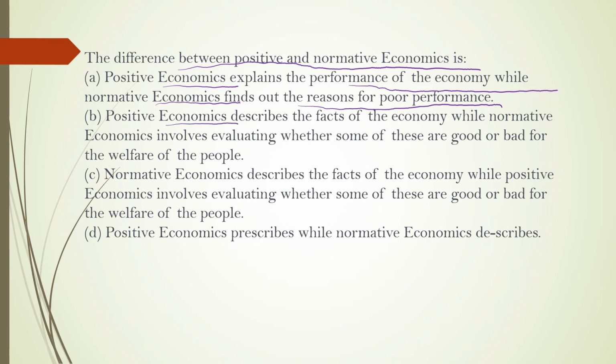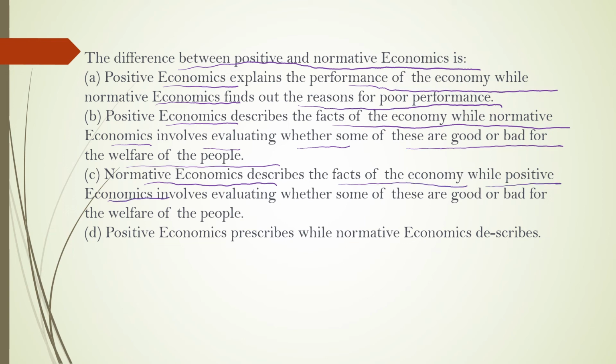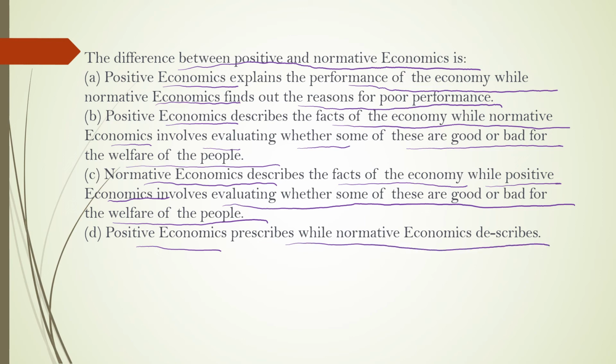Positive economics describes the facts of the economy, while normative economics involves evaluating whether some of these are good or bad for the welfare of the people. Normative economics describes the facts of the economy, while positive economics involves evaluating whether some of these are good or bad for the welfare of the people. Positive economics prescribes, while normative economics describes.